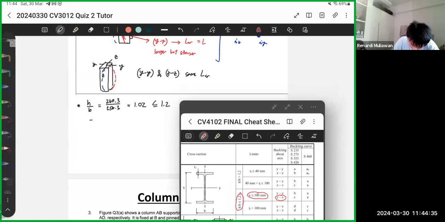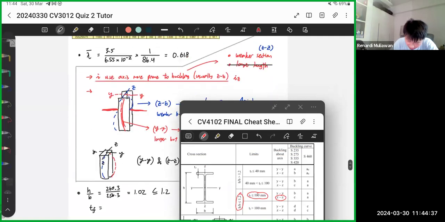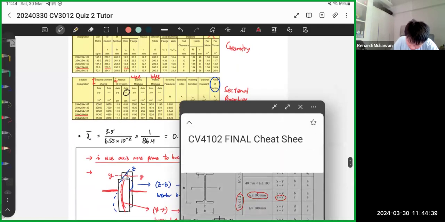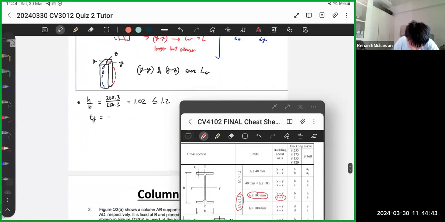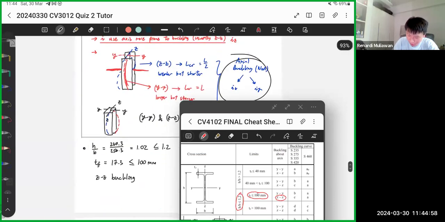So TF, what's TF here? TF is 17.3. So this one is definitely less than 100. And ZZ axis. Again, how do we determine YY and ZZ? You follow the assumptions.